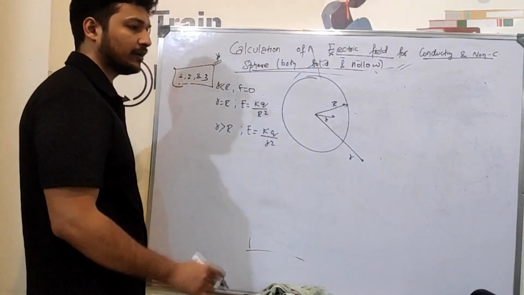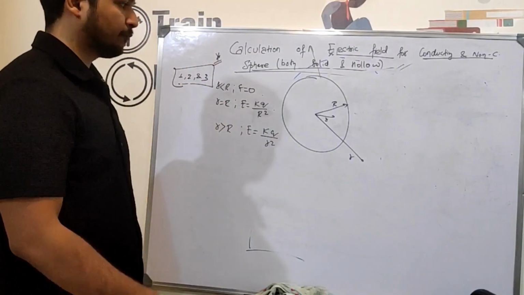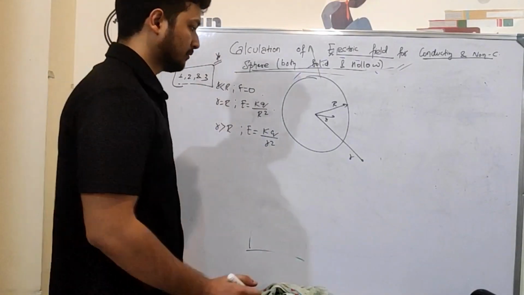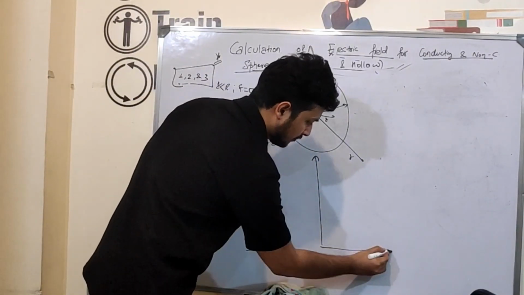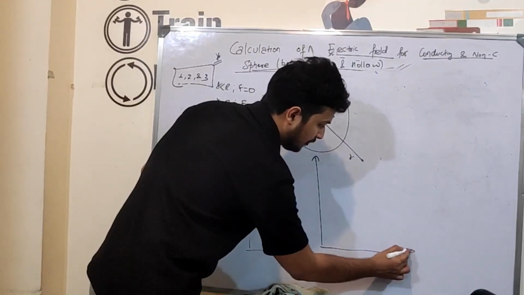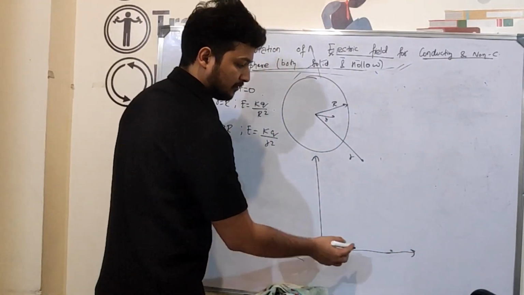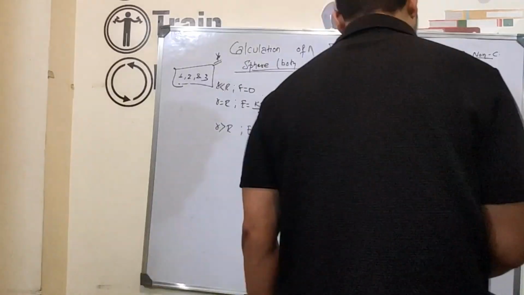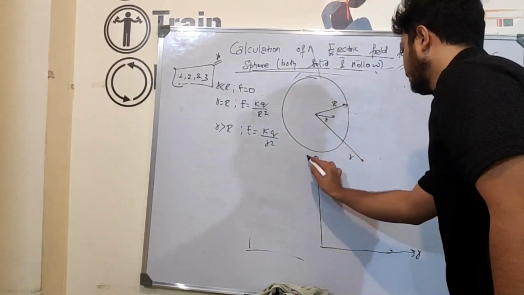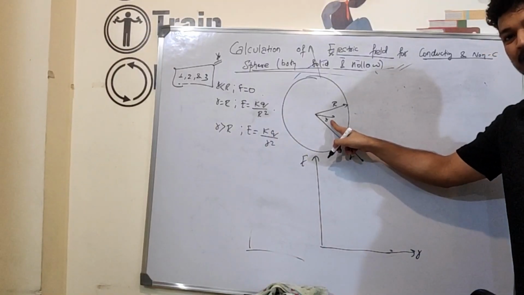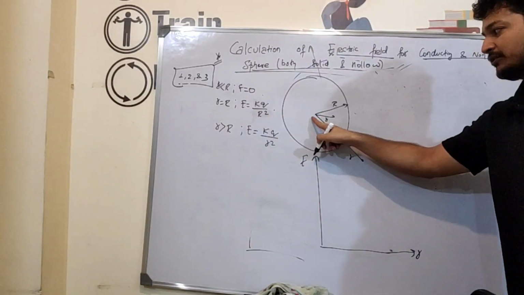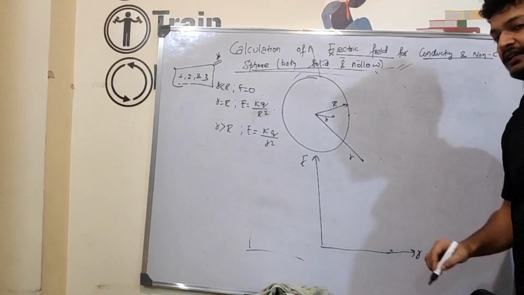So if we plot the value of electric field, say this is my axis for electric field, and this is the distance r. Inside, electric field will be 0, and it will be 0 from the center to the point which we are calling the surface.